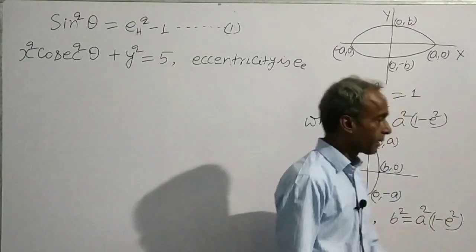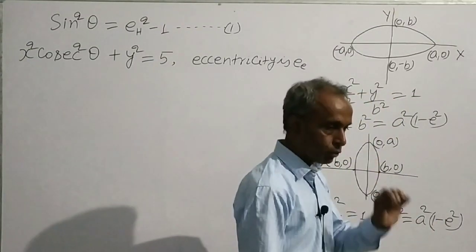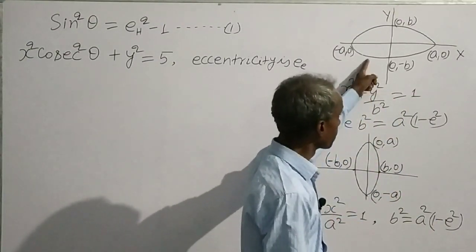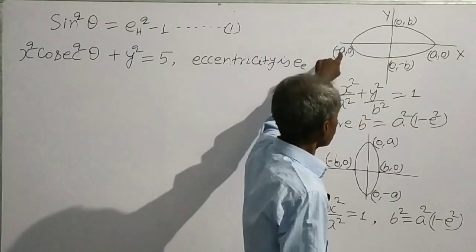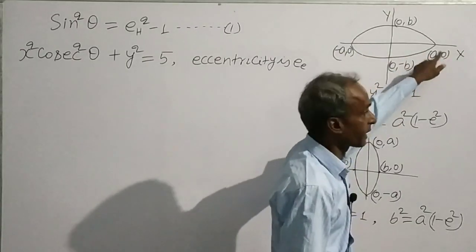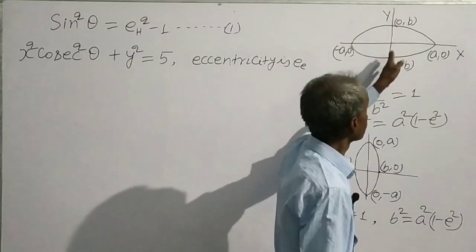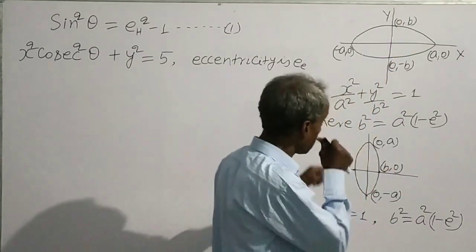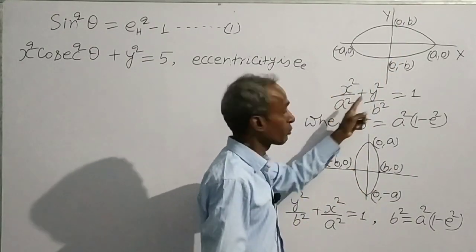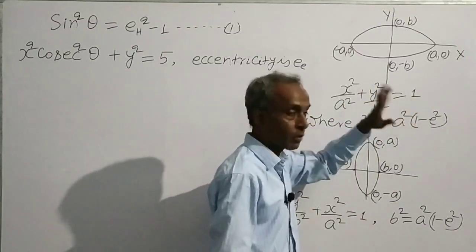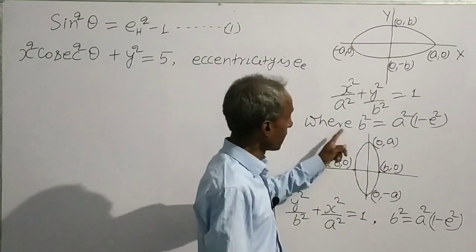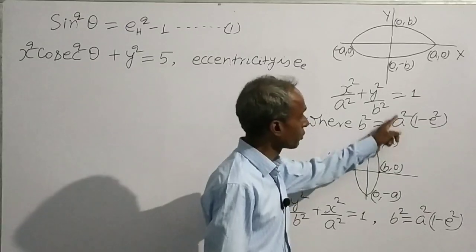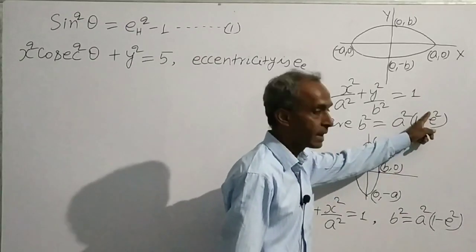We know that a standard equation of the ellipse with major axis along x-axis and minor axis along y-axis is x square by a square plus y square by b square is equal to 1, where b square is equal to a square times 1 minus e square.